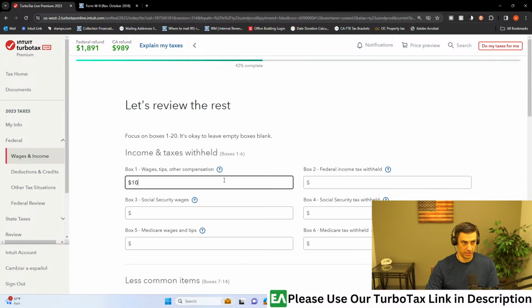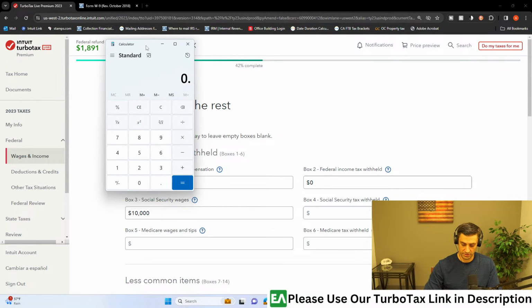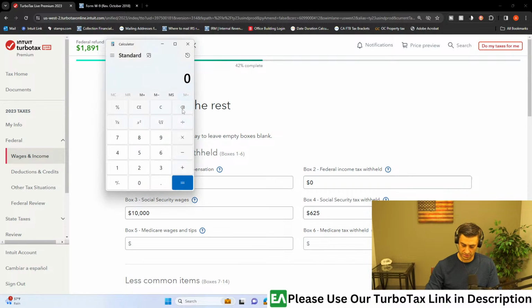We'll say we got like 10,000 bucks from this. What is that? Oh geez, I have to do math now. Fun stuff. 0.125 times 0.5 times 10,000 equals 625. And then 15.3 minus 12.5 times 0.5.